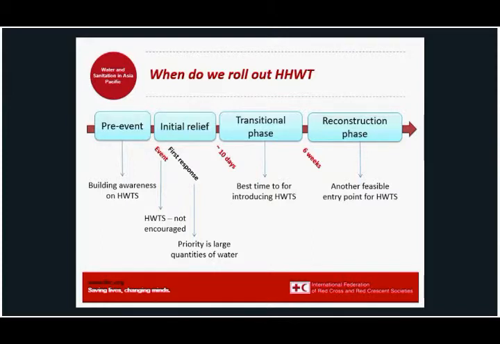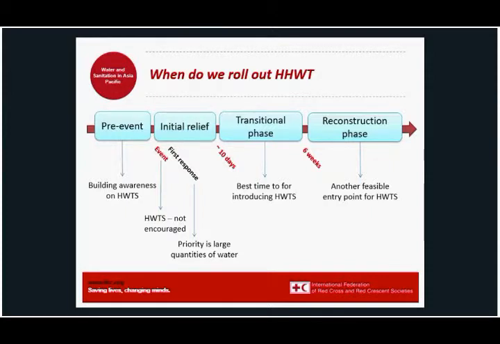And moving on to the reconstruction phase, this is also another feasible entry point for us to introduce and implement household water treatment, especially if water supply, such as water trucking, will not continue or will stop during this phase.